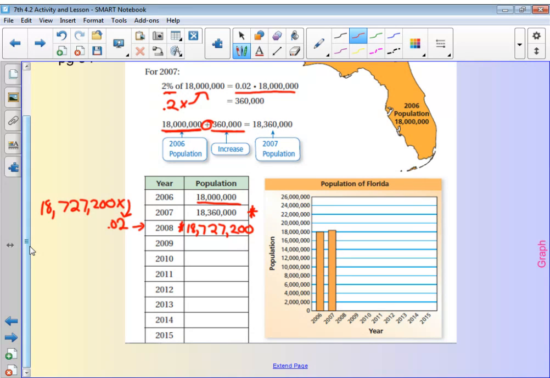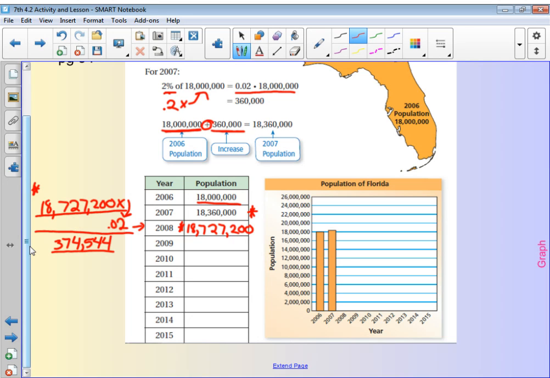Since I already had this on my calculator, I just left it on there and hit times 0.02, so I didn't have to punch in as many numbers. And that gave me 374,544.